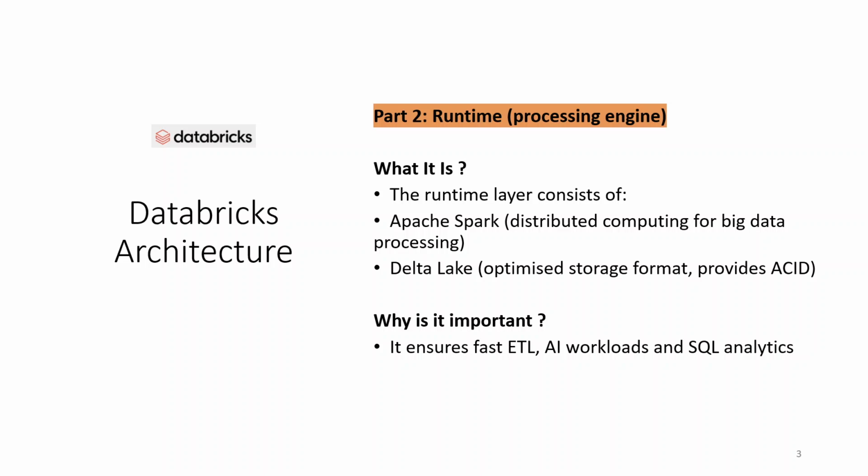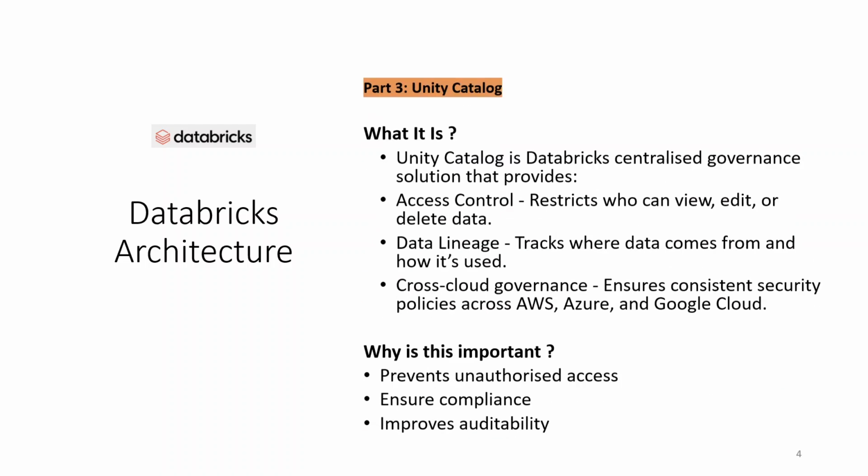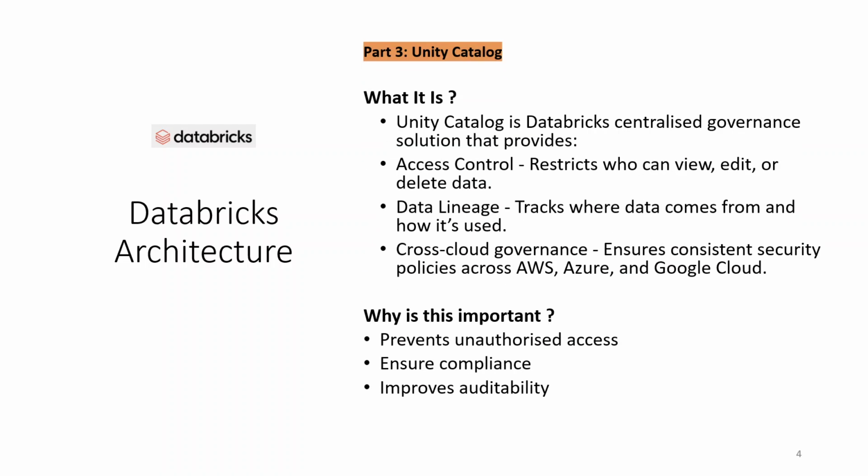Now, both these are very, very important as you get more and more into using Databricks. Why is this important? It ensures fast ETL, AI workloads, and SQL analytics. And this is something, as you get more hands-on, you'll understand just how important both Apache Spark and Delta Lake is.